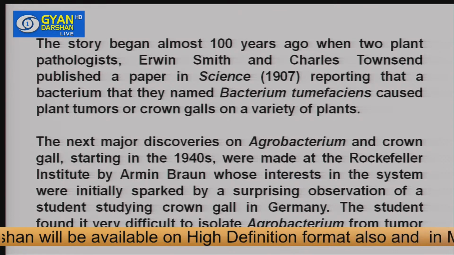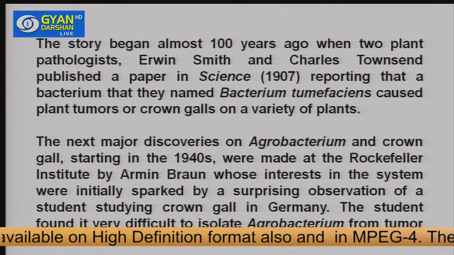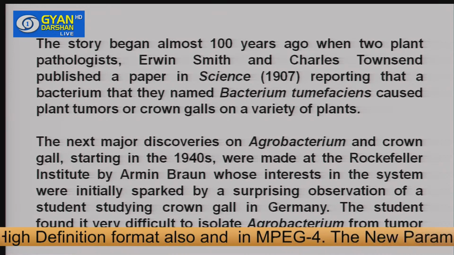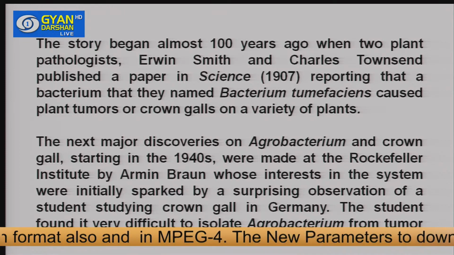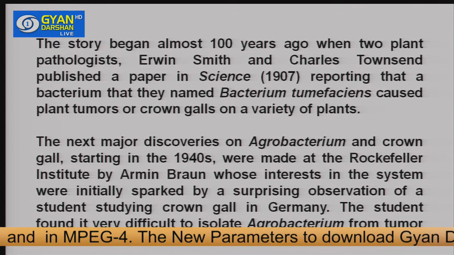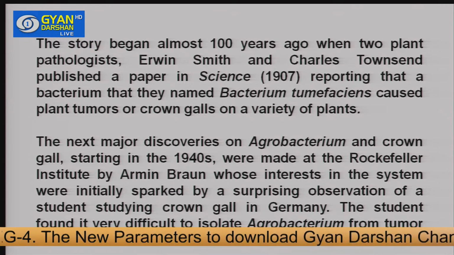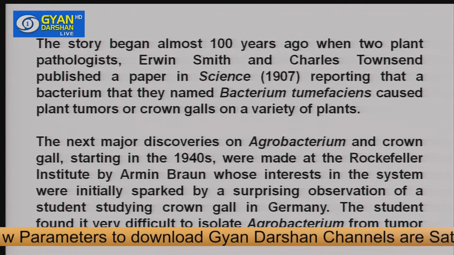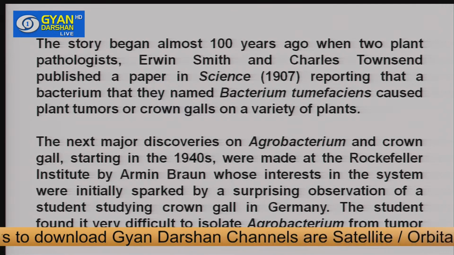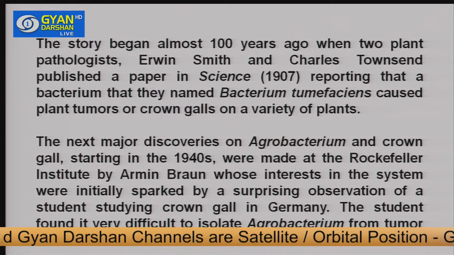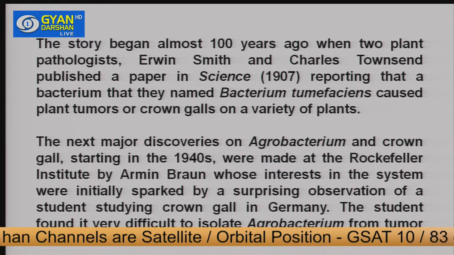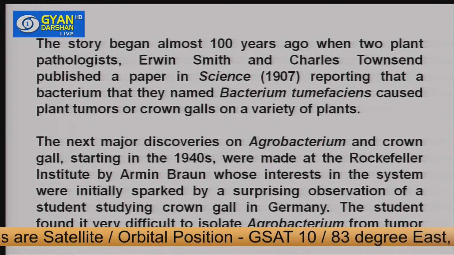The next major discoveries on Agrobacterium and crown gall in the 1940s were made at Rockefeller Institute by Armin Braun, whose interest in the system was initially sparked by a surprising observation of a student working under him studying crown gall in Germany. The student found it very difficult to isolate Agrobacterium from the tumor tissue.